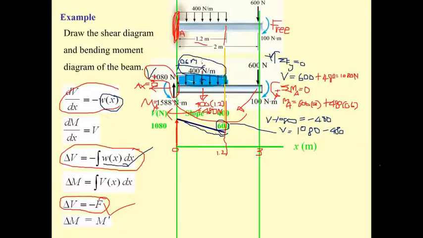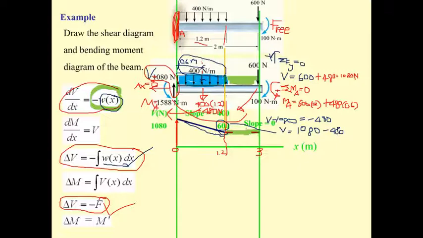And when you pass the uniformly distributed load to another area, this area has no uniformly distributed load. That means this term is going to be 0, and the slope is 0.